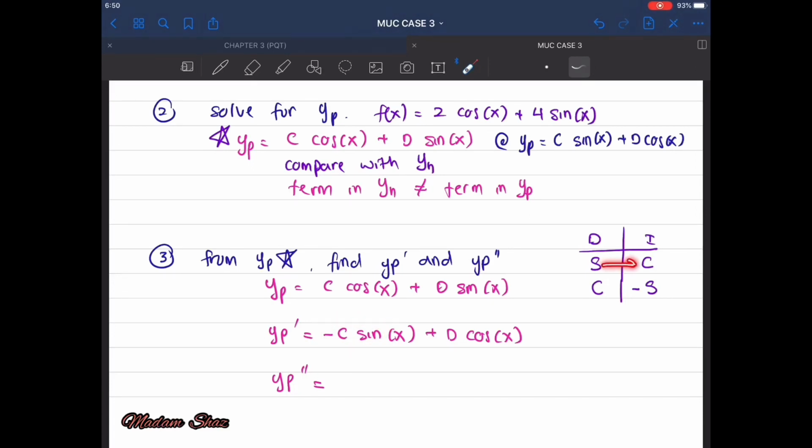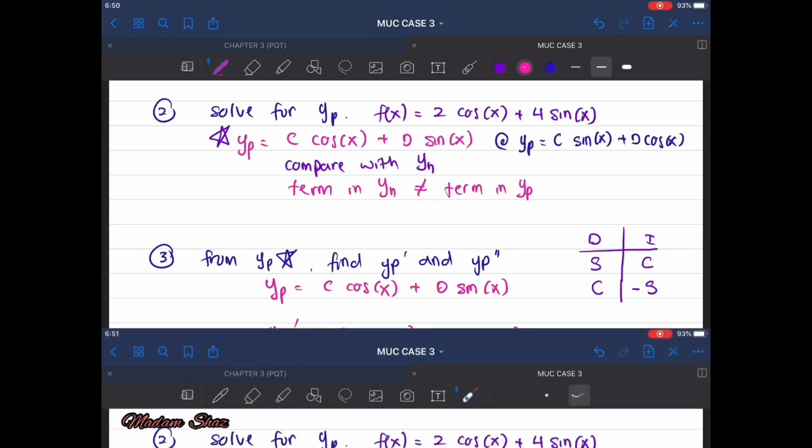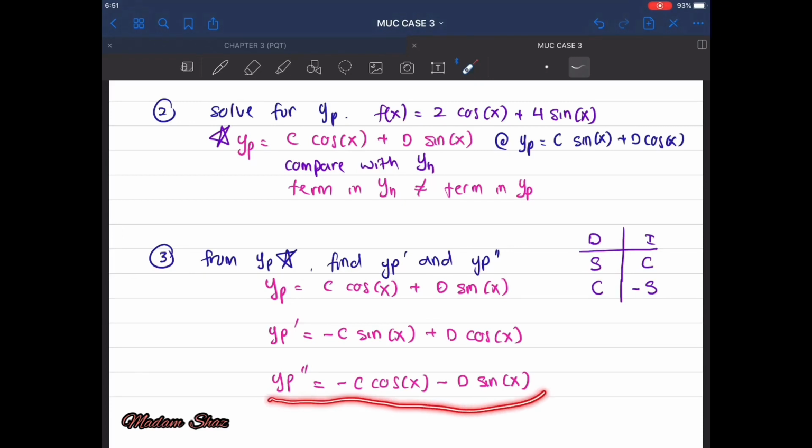Differentiate sin will become positive cos. If you differentiate negative sin, your answer will become negative cos. Negative C cos x. So differentiate D cos x, differentiate cos will become negative sin. Negative D sin x.